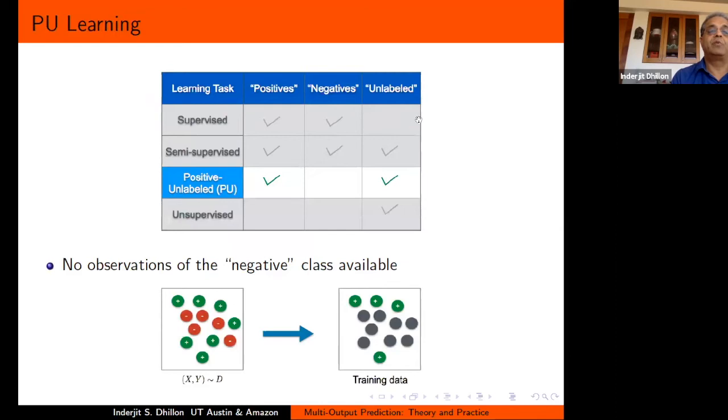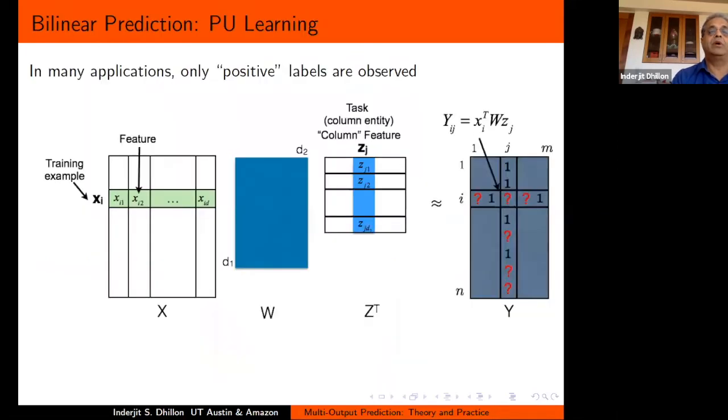Traditionally we have supervised learning, semi-supervised learning, and unsupervised learning. But now we also have PU learning where we have just positives and unlabeled. What that means is that there are no observations of the negative class that are available. And so we can now go back to bilinear prediction, or this inductive matrix completion idea. And the inputs are features, the outputs are features.